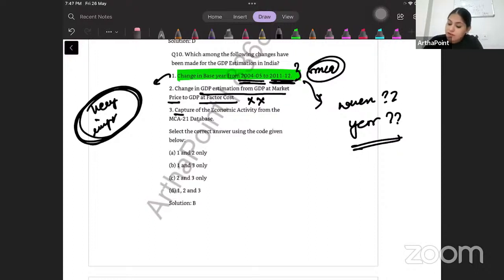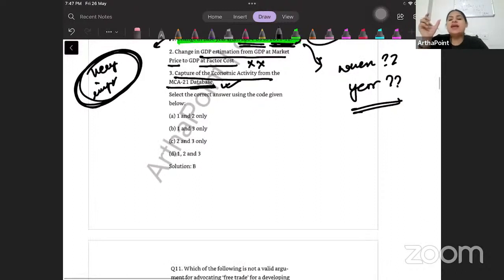Capture of economic activity from the MCA 21 database. Yes, this is correct. You now have economic activities being captured from the MCA database. Now, can you tell me what is the MCA 21 database? Ministry of Corporate Affairs. That is MCA 21. MCA 21 is basically an e-governance initiative. It means we will try to govern everything electronically, right?